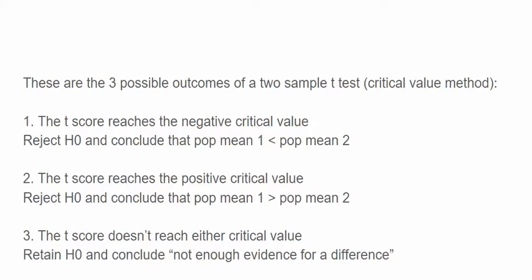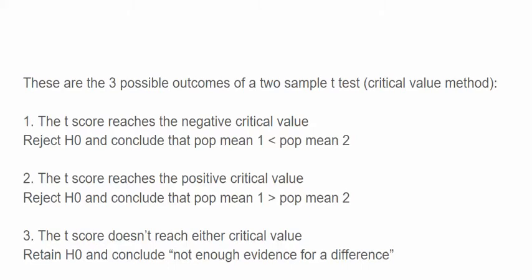So let's say you look up the critical value and it comes out to 2.3. Well, then in your t-test, you would actually use 2.3 and negative 2.3, both of them. Or let's say you look up the critical value and it comes out to 3.1. Well, then in your test, you would have to use 3.1 and negative 3.1. So you have the critical value and its opposite.